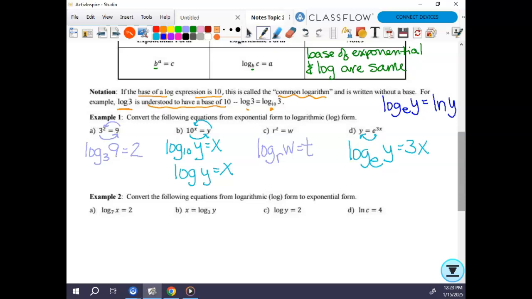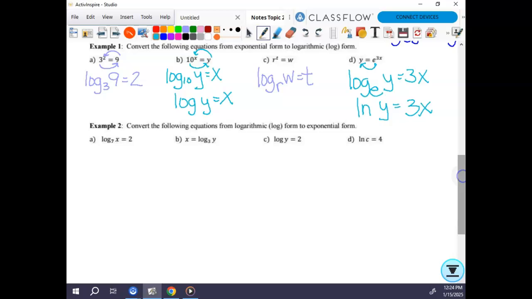Think of it as log natural, natural log. English is always backwards, right? So the way you would really write this is the natural log of y equals 3x. And then when you see the natural log, you just know that the base is E. Okay? What questions do you have at this point?